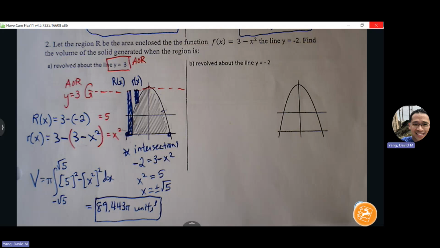Okay, go ahead and try part B. See if we can decipher between the disk method or washer method.